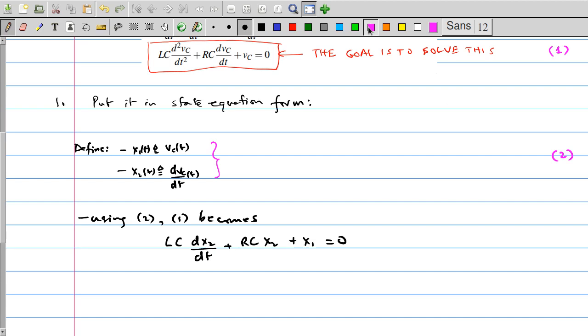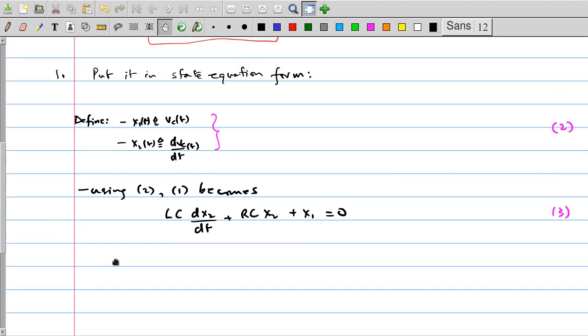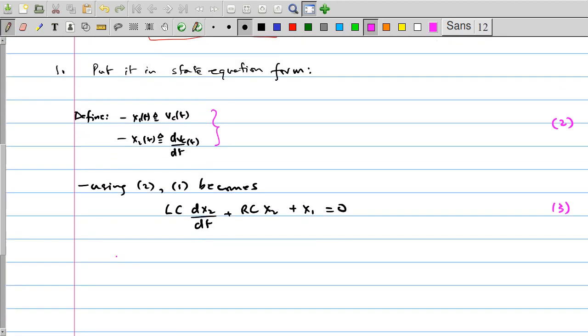That's number 3. Let's make these 2.1 and 2.2, and these two together will be referred to as 2.